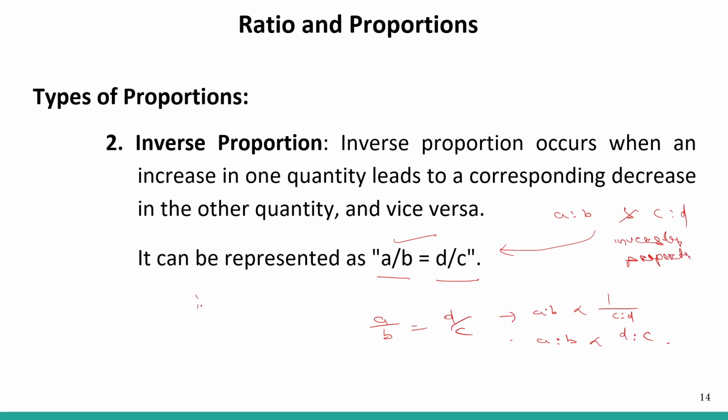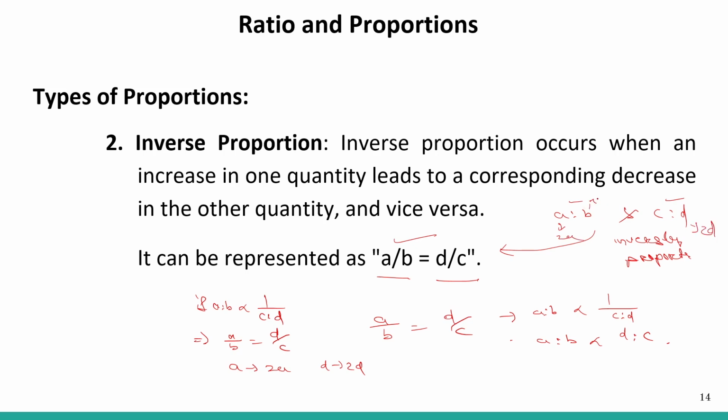So if A is to B is inversely proportionate to C is to D, then what will happen is A by B is equal to D by C. So if A becomes 2A, then D becomes 2D. Here you can see that we are comparing A is to B and C is to D.